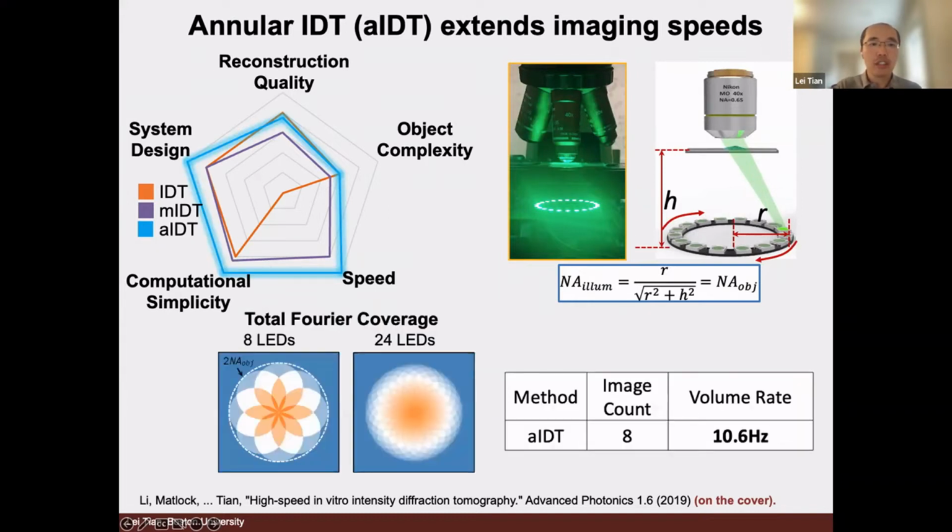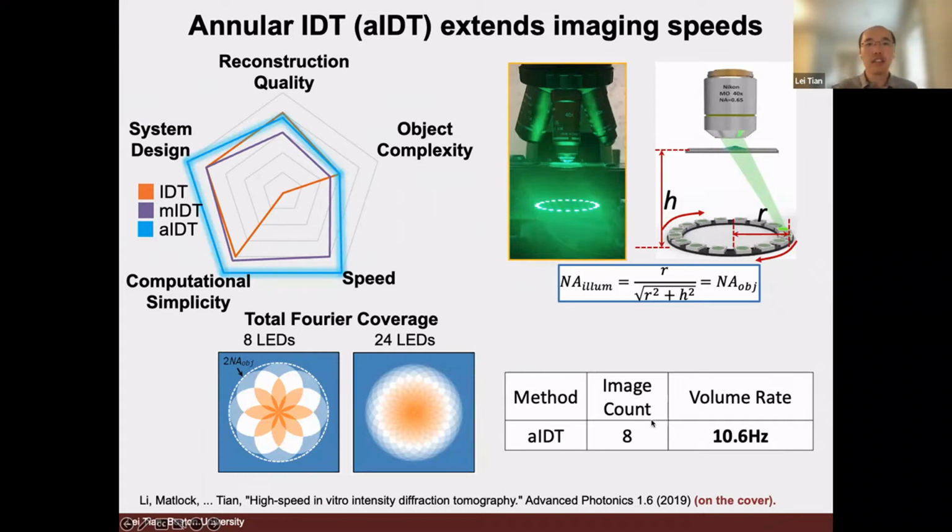Then you can show that in the XY plane, in the lateral spatial frequency domain, you can use very few LEDs while still capturing the majority of the 3D information you want. This allows us to potentially push for more than 10 Hertz volume rate using as few as 8 LEDs.